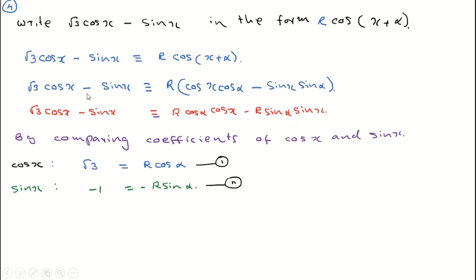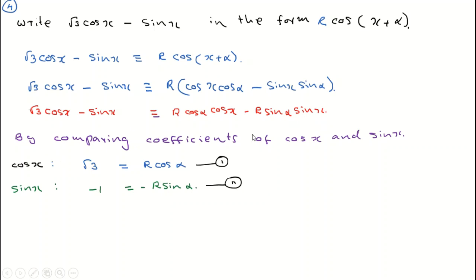Root 3 cos x minus sin x is equal to r cos x cos alpha minus sin x sin alpha, that is r cos alpha cos x minus r sin alpha sin x.